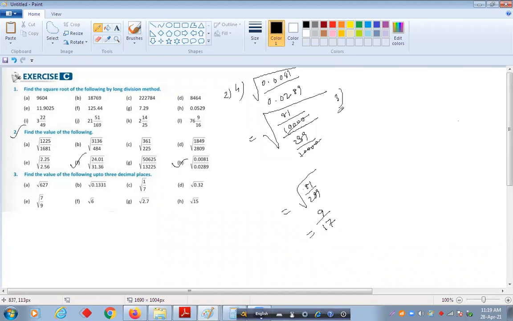Now question number 3A. You copy down this one up to this and you try for 2 minutes.